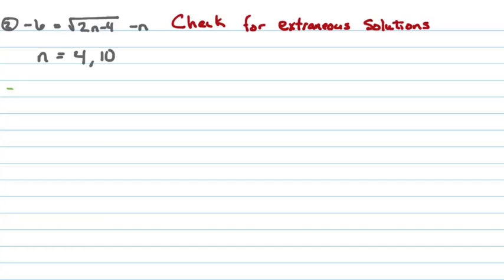And so 4 minus 6, does that equal the square root of 2 times 4 minus 4? And so 8 minus 4 is going to be the square root of 4.